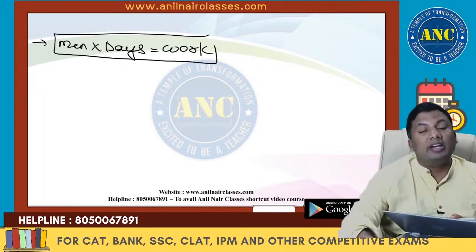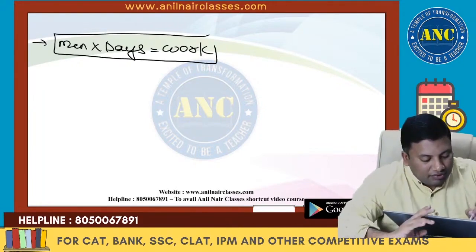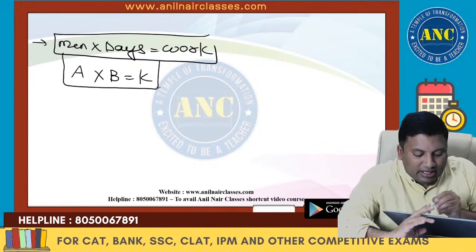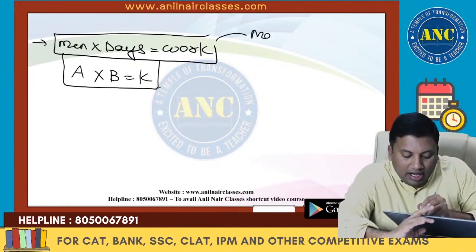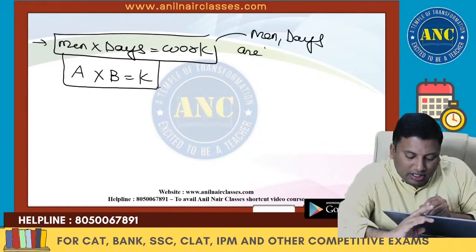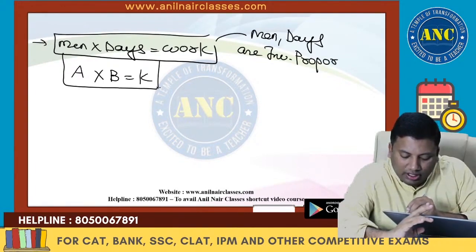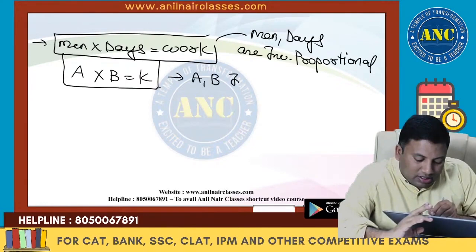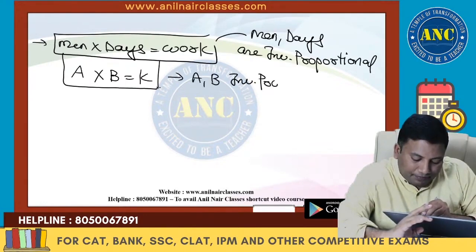When I say men into days is equivalent to work, this is similar to A into B equivalent to K. The product of two variables will be constant only when the two variables are inversely proportional to each other.